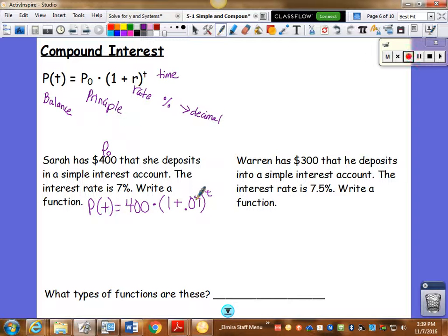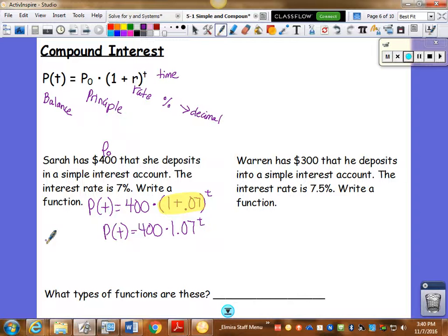Here again, there's some work inside the parentheses that I can evaluate, I can simplify. Okay, so P of T equals 400 times 1.07 to the T power. I just added those values in parentheses together. Once they're added together, I don't need the parentheses anymore.